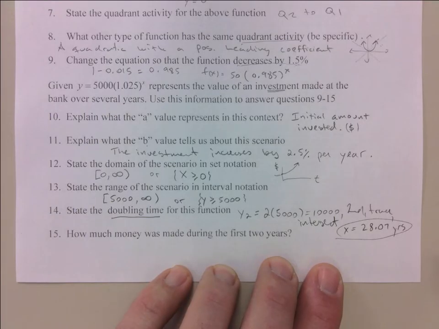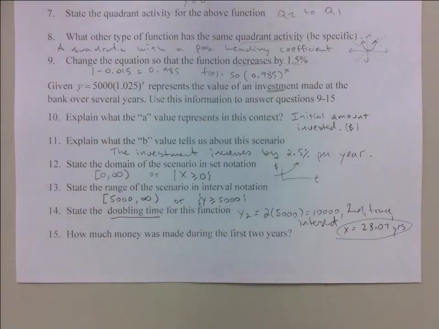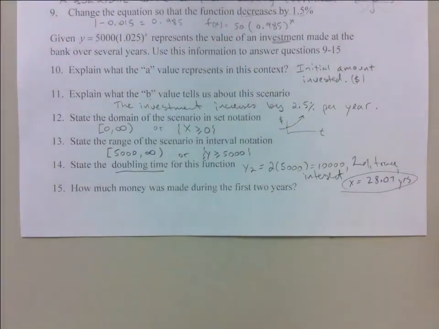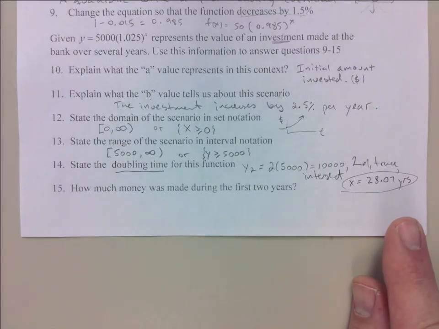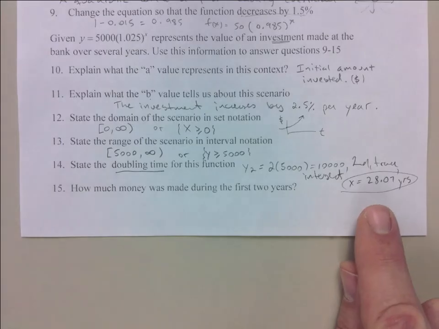So it's not very great. Like your investment isn't growing very fast, obviously. But if you had $1 to start, you would have $2 after 28 years. If you had $1 million to start, after 28 years, you'd have $2 million. So whatever you start with, you're going to double it at that interest rate. That's what that means. Okay?